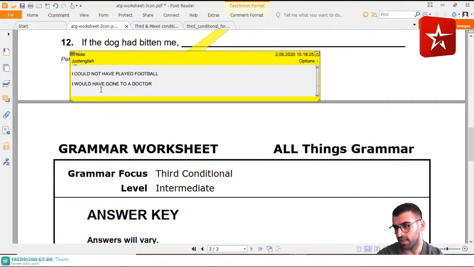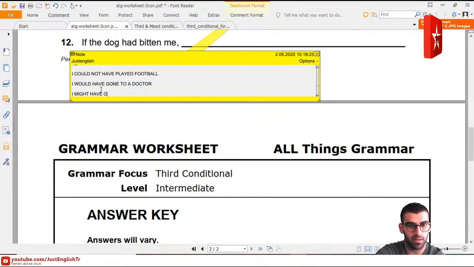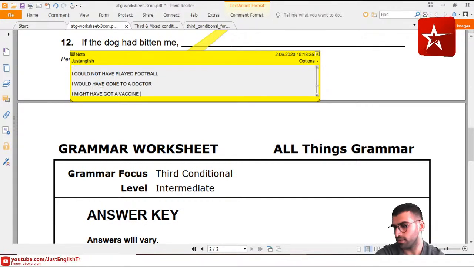Yes, I might have got a vaccine. Azime says, I would have gone to hospital. Azime, not I would gone, okay? I would have gone to hospital. I might have got an injection or a vaccine. I might have got a vaccine.